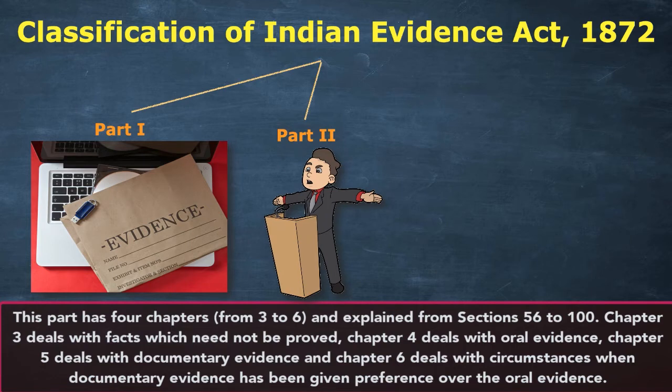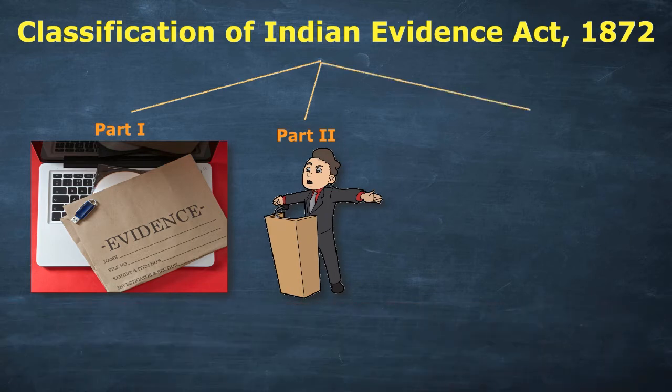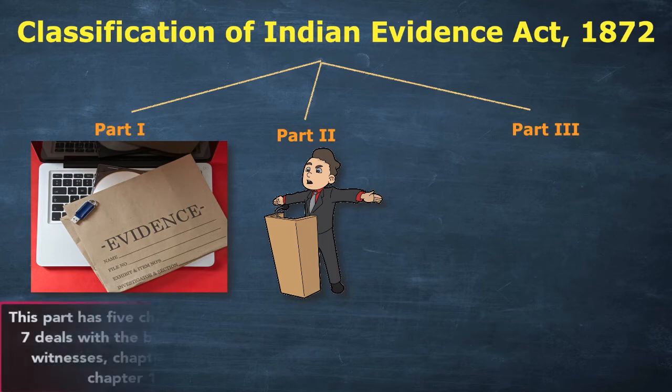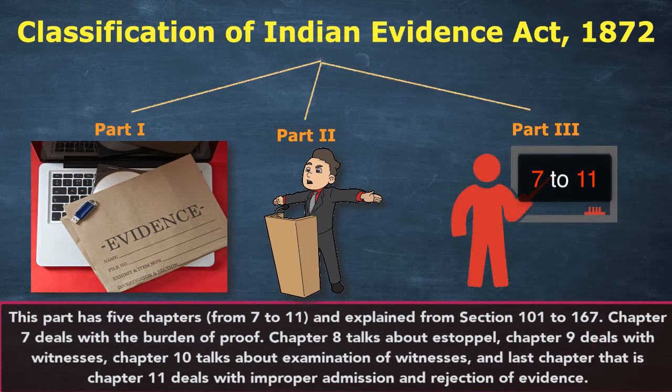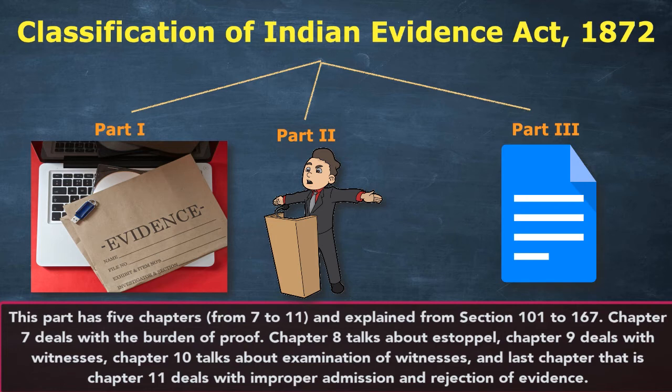And the last one is part 3. This part has the remaining 5 chapters, from 7 to 11, covering sections 101 to 167. Chapter 7 deals with the burden of proof.